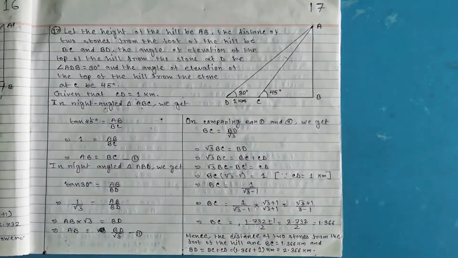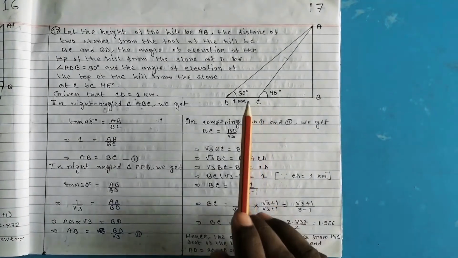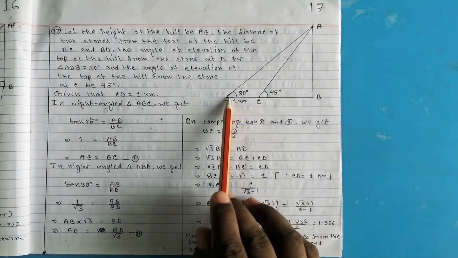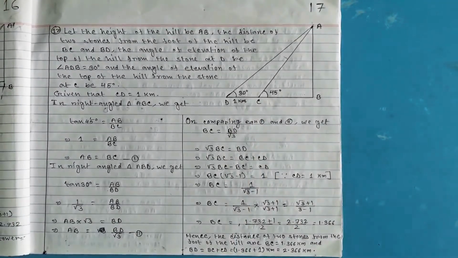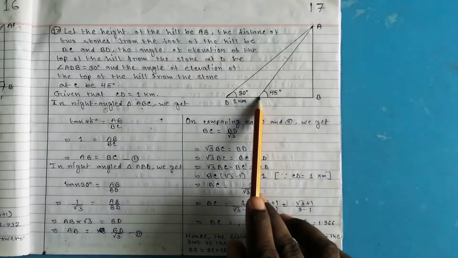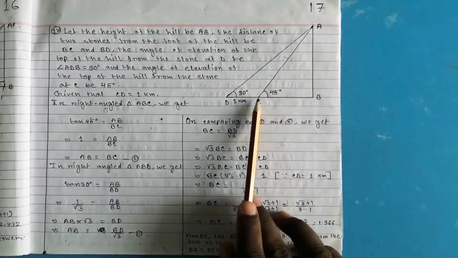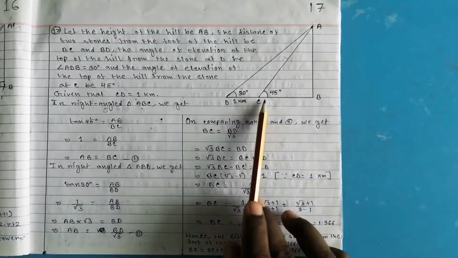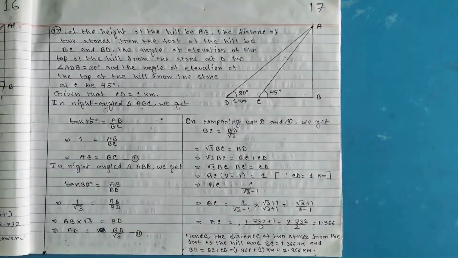Sorry, it is given kilometer stone. Kilometer stone means between 2 kilometer stones the distance will always be 1 kilometer. Suppose this is the first kilometer stone and this is the second kilometer stone. Between these two the distance always will be 1 kilometer.